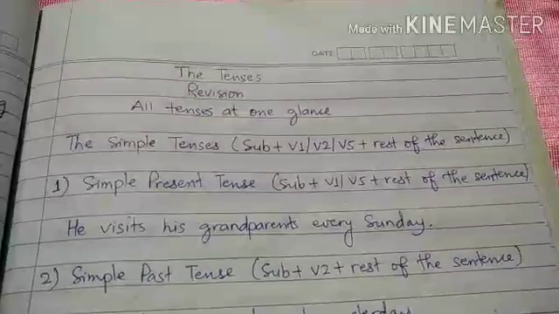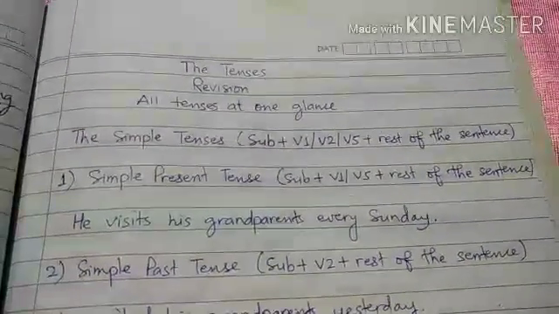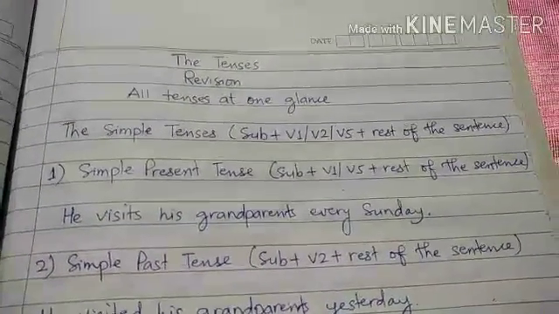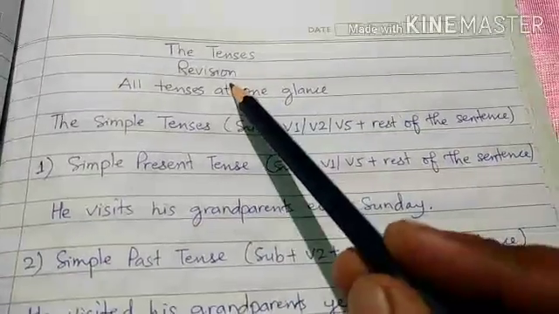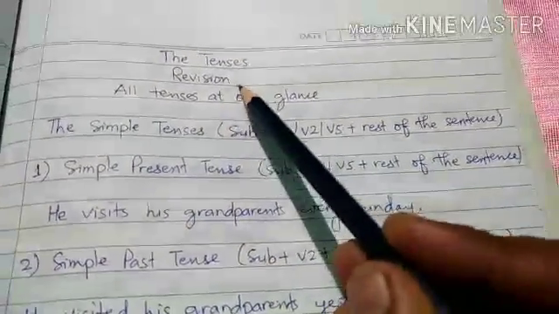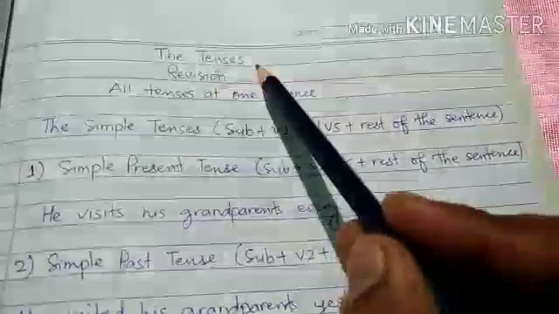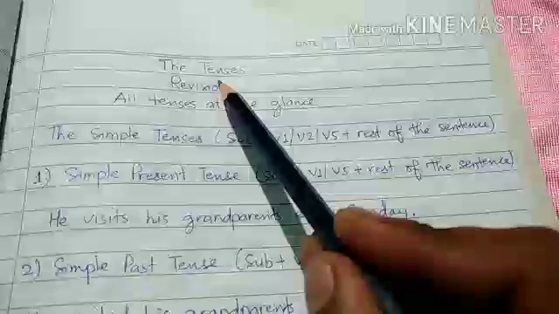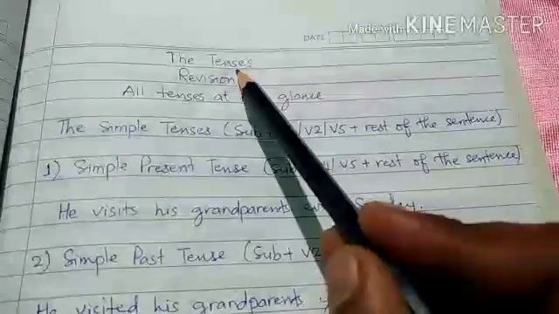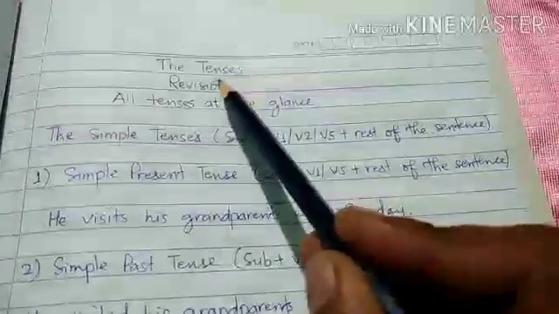In today's class, in this video, for the students of Standard 6, we will have a revision class on the tenses. That means we will take a glance over all the tenses that we have completed in our previous videos.